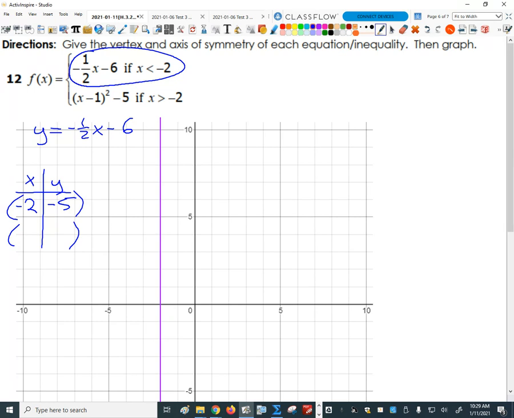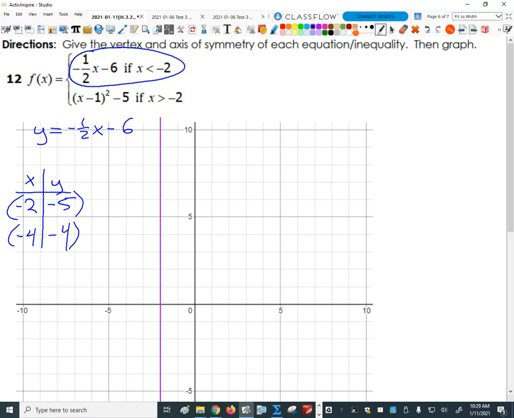So -2 was a good value to plug in for x. What's another value for x that would be probably a wise choice to plug in? We don't get any fractions. You could do -4. There you go. How about -4? Good. And if I plug -4 in, I'm going to get +2 minus 6 is -4. So we got these 2 points then.